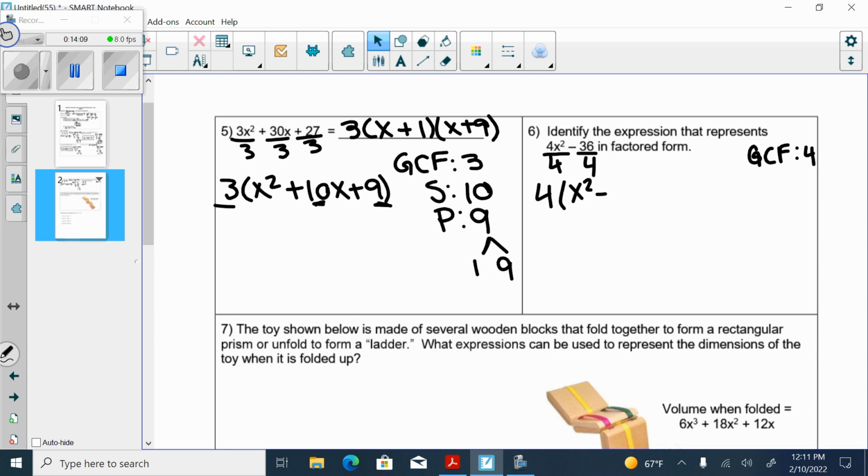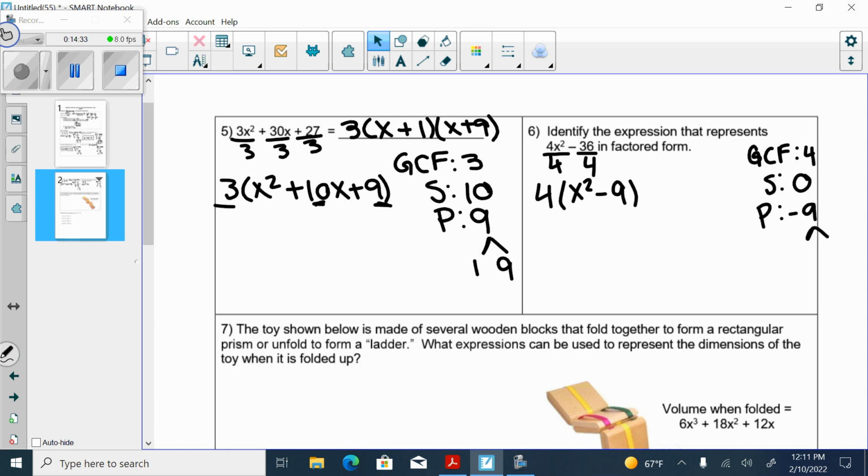X squared minus. Okay. All right. So my sum, what is it? 0. Because there's not one there, right? There is no sum. Okay. Product.